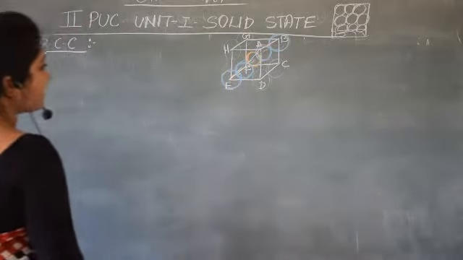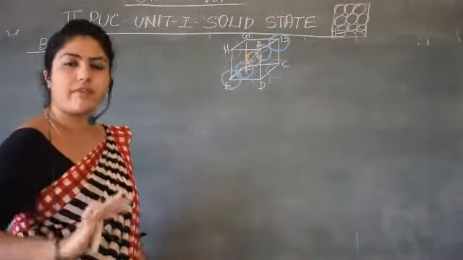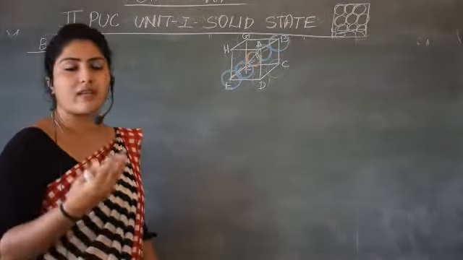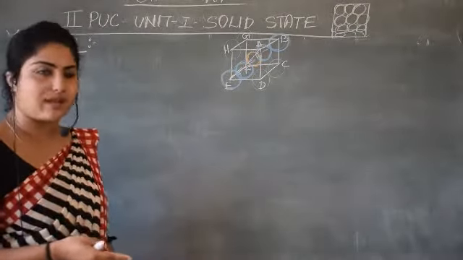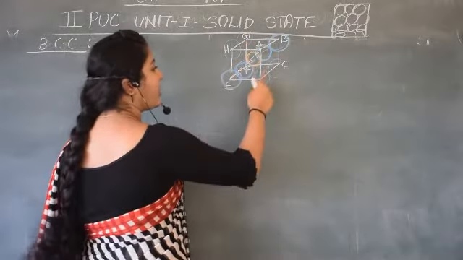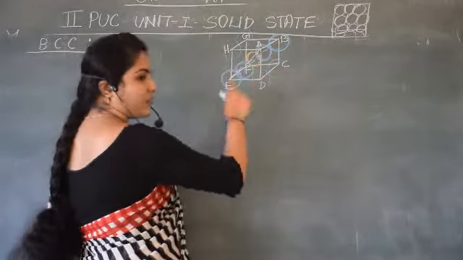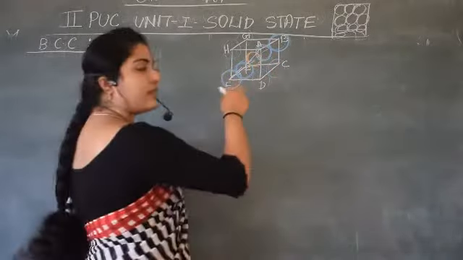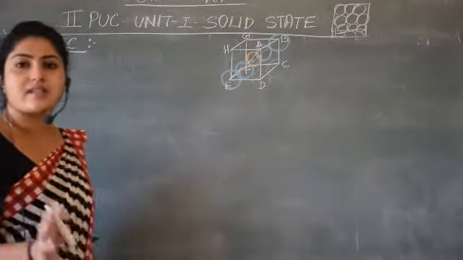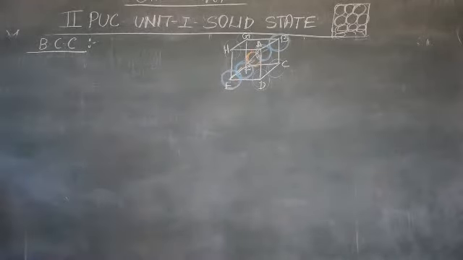Diagonally, the atoms touch each other. So first what you have to write here, or if you just understand, if you make a note, it's better. If you are finding it very difficult, then directly we'll go to the derivation. First we write that there are 8 corner atoms and the body centered atom or sphere is touching the other neighboring atoms diagonally. So this will be our point which we will be mentioning for body centered cube.